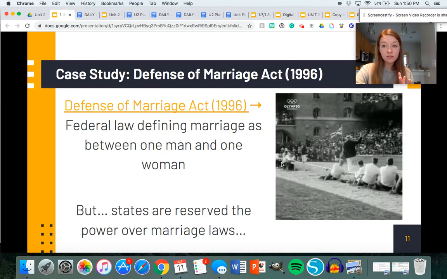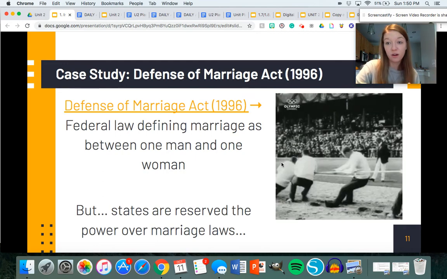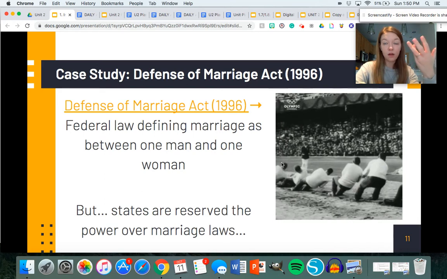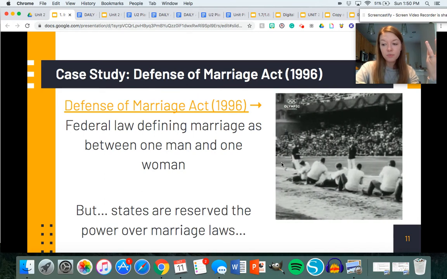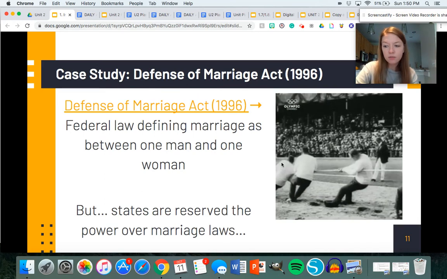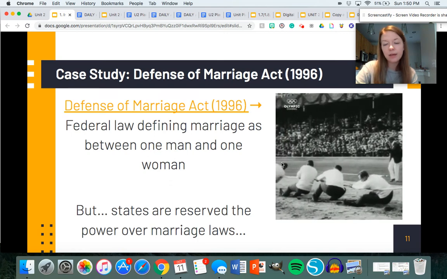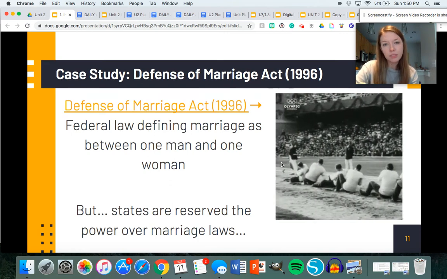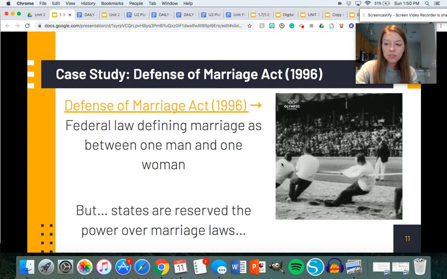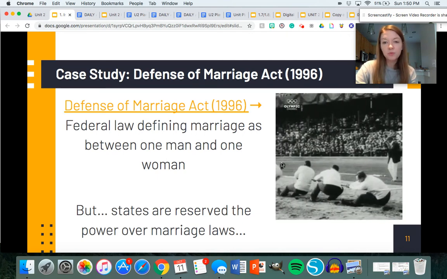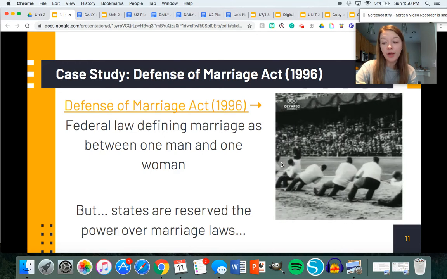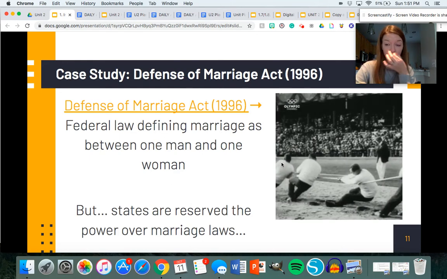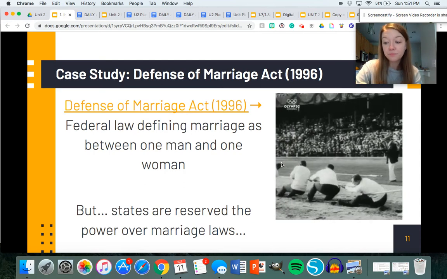Now, because states have to honor that full faith and credit clause, right? They have to honor the laws of other states. States generally honored marriage laws, but starting in the 21st century, when some states began legalizing same-sex marriage, other states expressly refused to recognize those marriages of those states. So they basically were refusing that full faith and credit.